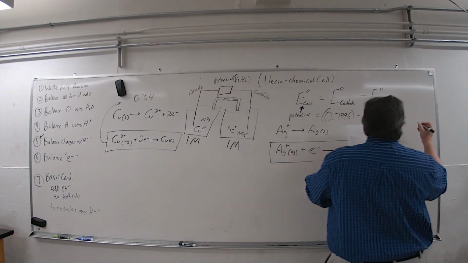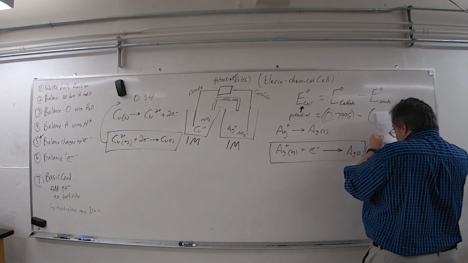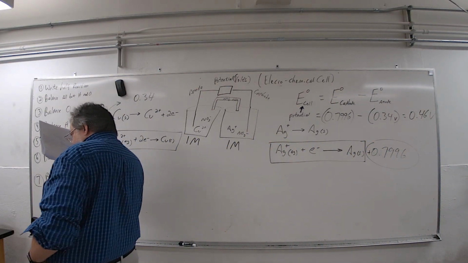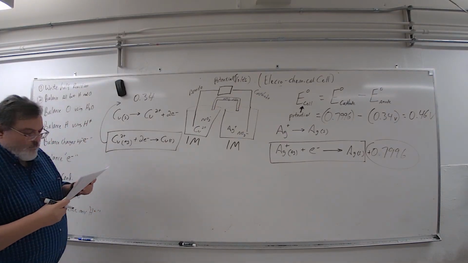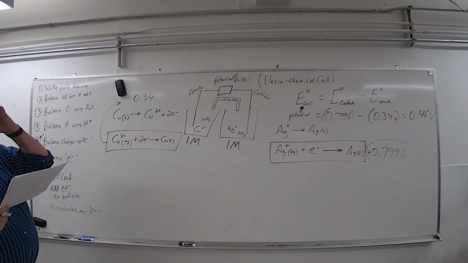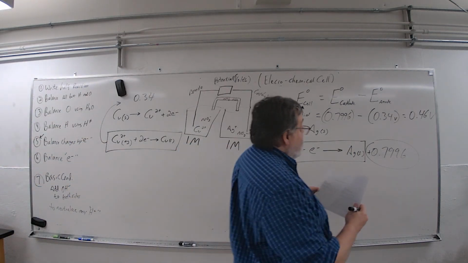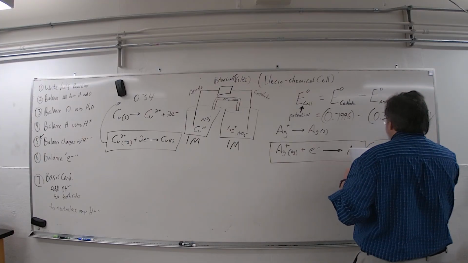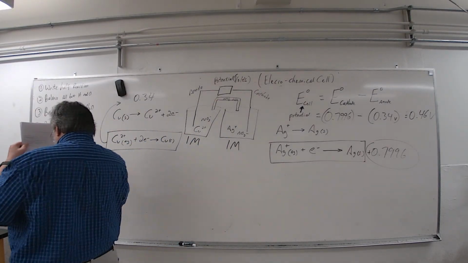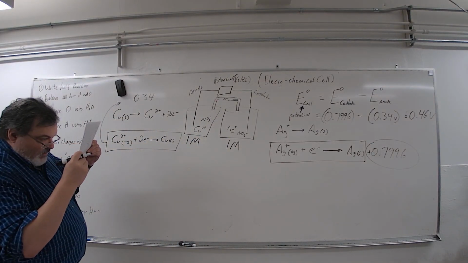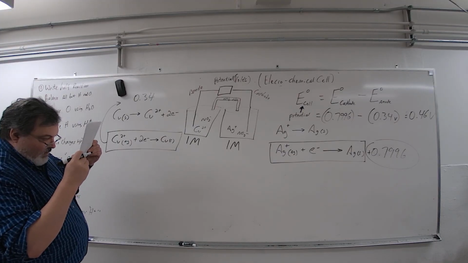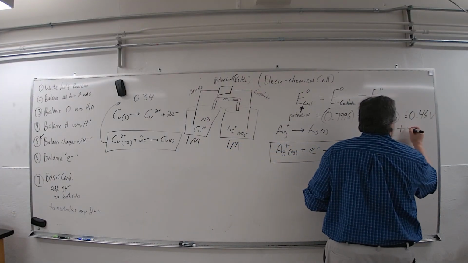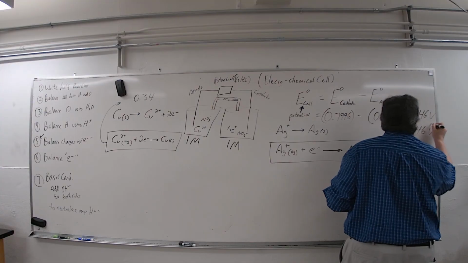What you get here, one thing you can say about that is because this comes out positive, or actually, let me say that for next discussion. Now, I guess I'll say it now. This came out positive. I could have written plus 0.46 volts.